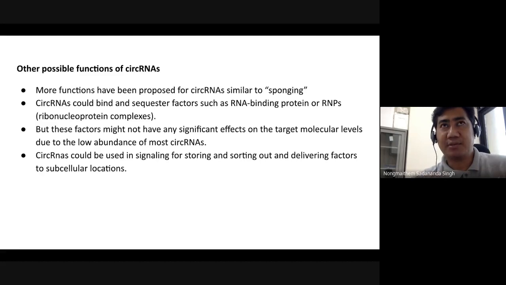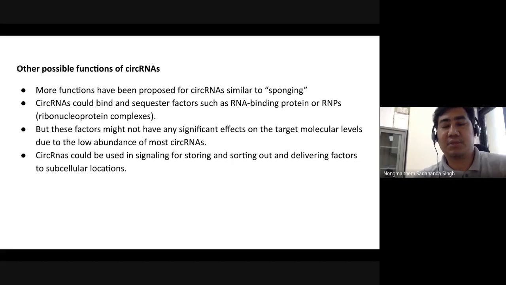So what people are looking at right now is the transcriptome, to find out whether there is any aberrant expression or enrichment of a particular circular RNA in particular tissues, or a particular disease state of an individual, so that you can use this as a biomarker for tissue typing, or for diagnosis of certain diseases.